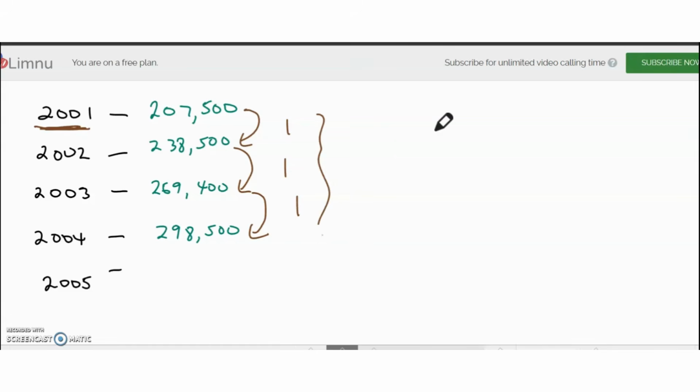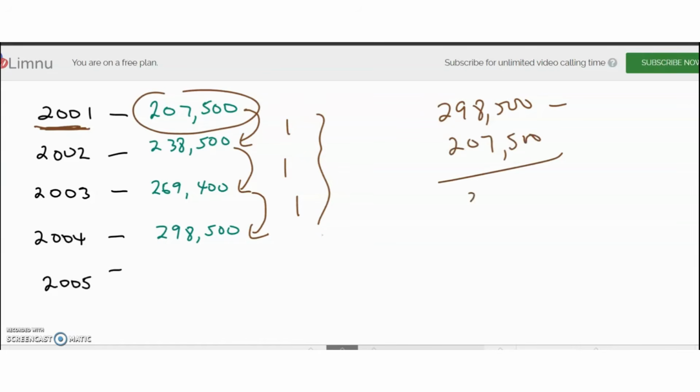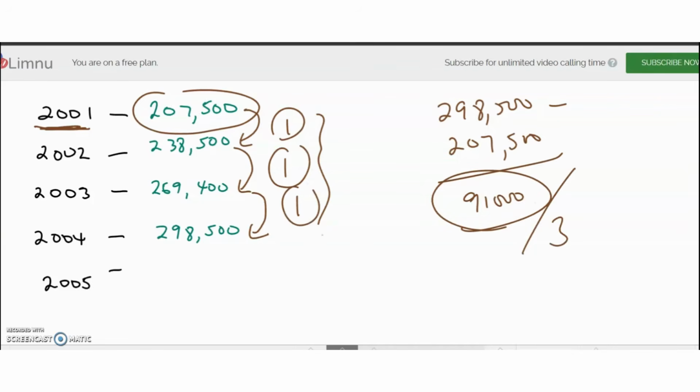So these are 3 individual periods here. If you were to look at them from year to year, the maximum is 298,500. The easiest thing to do is to subtract the initial value, which is 207,500. It will actually be given 91,000. And for the average, you have 3 individual years, so divided by 3. 91,000 divided by 3, you will get an estimated 30,333.